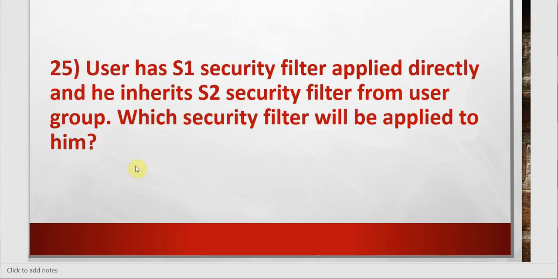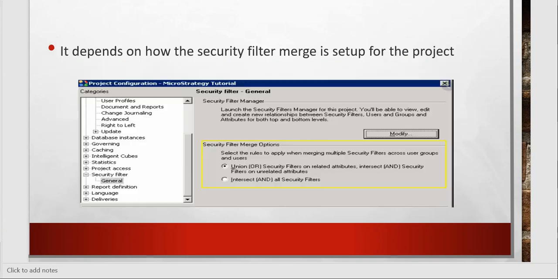Our last question is, a user has S1 security filter applied directly to his ID and he inherits S2 security filter from user group. So which security filter will be applied to him? The answer is, it depends on how the security filter merge is set up for a project.